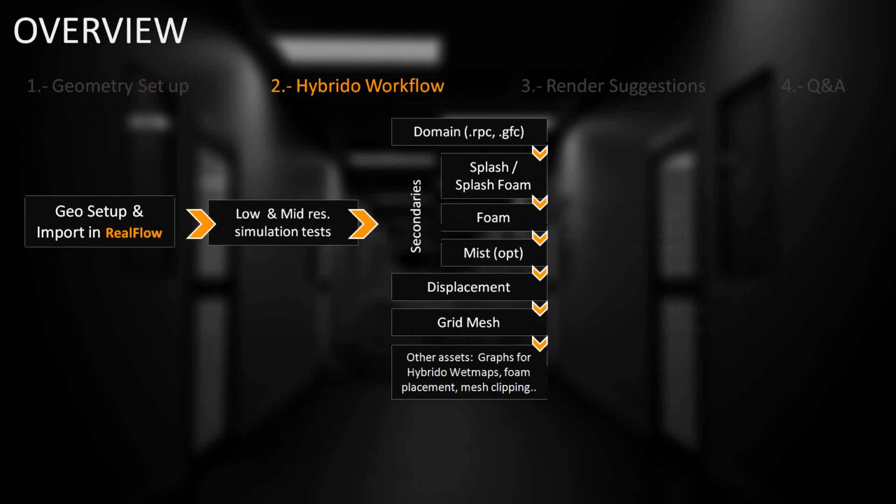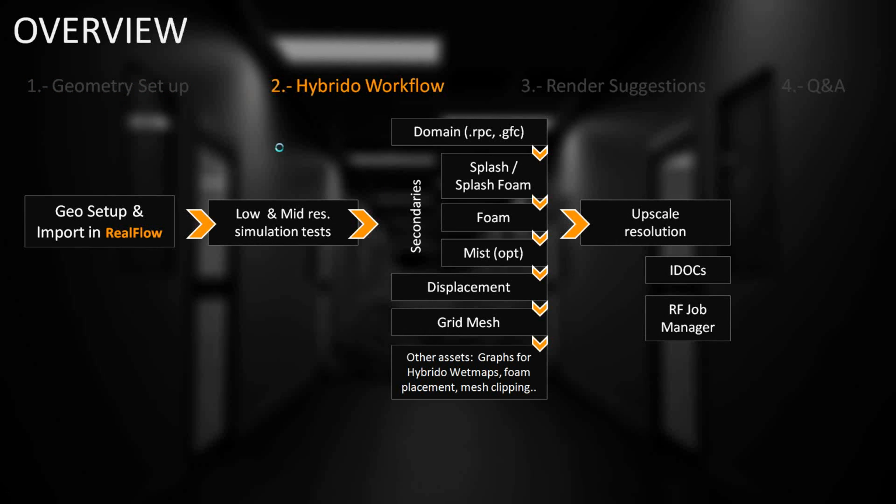We're going to take a look at the different steps. I don't pretend that you follow me right here with this diagram at this time, but just bear in mind that we will go step by step, talking a little bit about some different aspects of these different Hybrido elements.